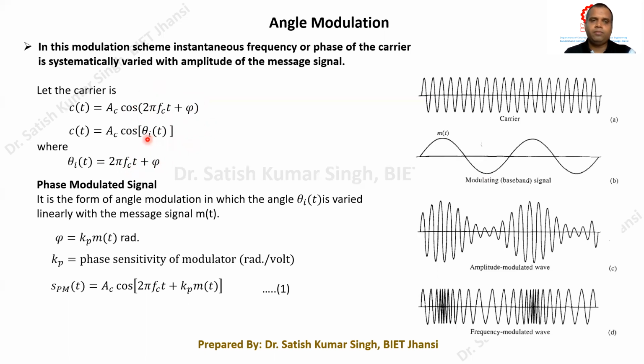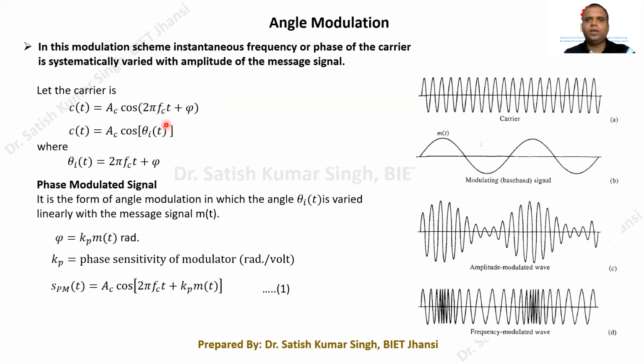So if we vary this angle, either by changing the frequency part or the phase part, so that we change the instantaneous angle of the carrier, then it is known as angle modulation.